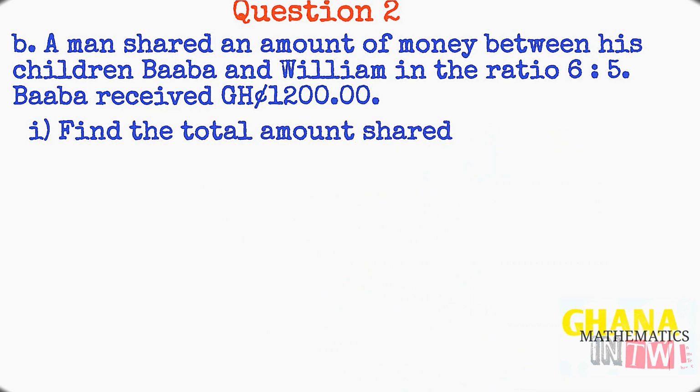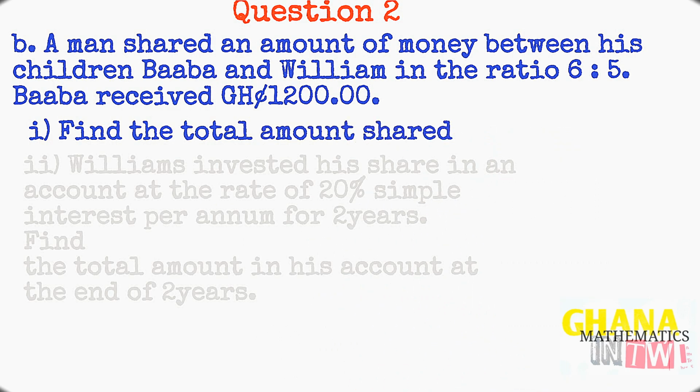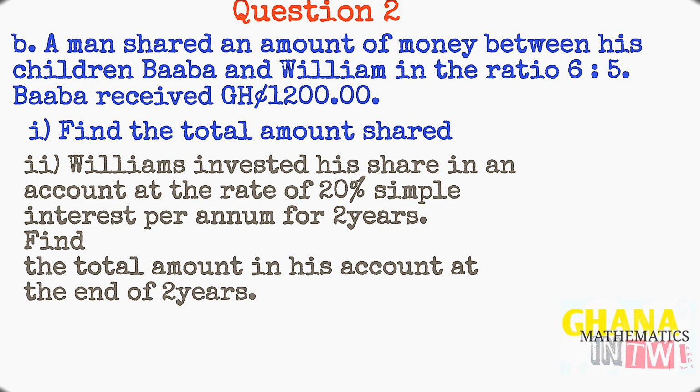Find the total amount shared. William invested his share at an interest rate per annum for 2 years. Find the total amount in his account at the end of 2 years. Bear in mind that we have only 2 ratios, which are 6 and 5.